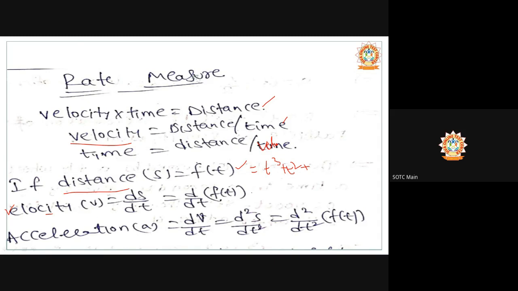That is your velocity. Acceleration is the differentiation of velocity, or double differentiation of distance. It is denoted by a, that is dv by dt, or d square s by dt square, that is d square by dt square of f of t, where f of t is the given initial function, your distance. In every case you will receive this f of t.